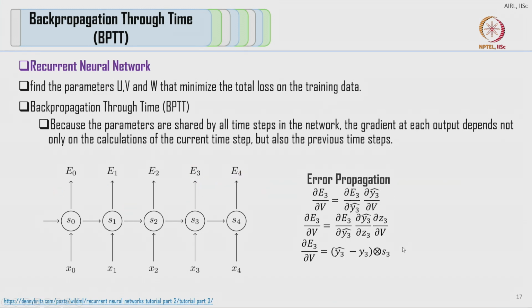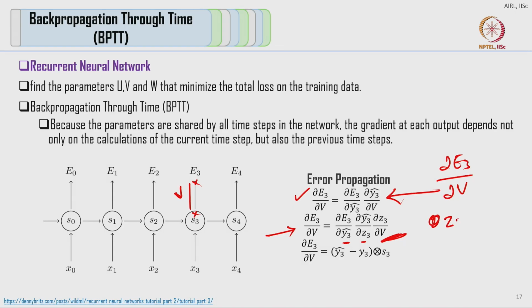Now if we observe this equation, which is ∂E3/∂V, it only focuses on the elements which are in the current timestamp, it does not focus on any other elements. Once we use the chain rule to break ∂E3/∂V, we can break it further. So ∂E3/∂V could be written as ∂E3/∂Ŷ3 times ∂Ŷ3/∂Z3 and ∂Z3/∂V.